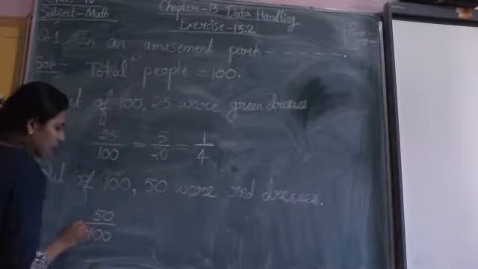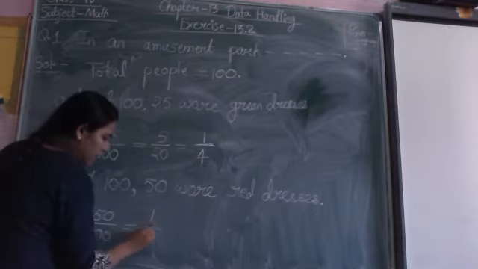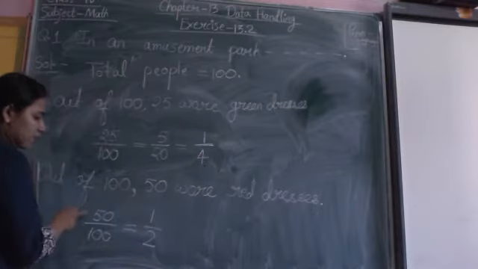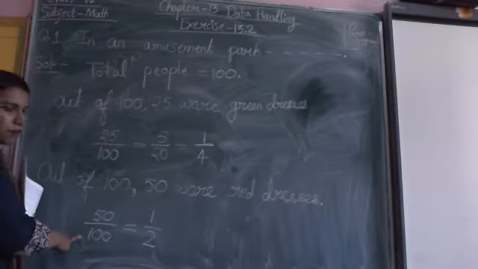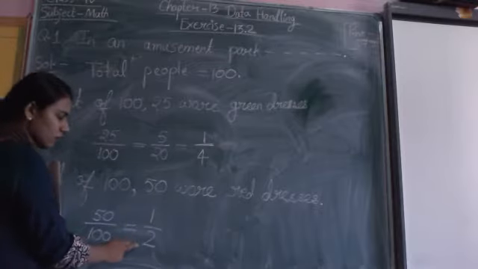So 50 upon 100. 50 ones are 50, 50 twos are 100. When we simplify 50 upon 100, we get 1 upon 2.